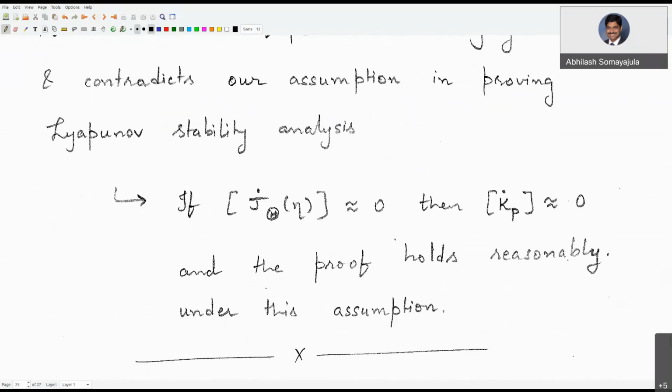But again, it has to be taken with a pinch of salt because, as we saw, the moment we introduce any integral action, we lose our global stability properties pretty quickly, and we are limited to local stability properties. But as long as the region of convergence is fairly large, we may not be so worried, unless the region of convergence is very small and the local stability might not be good enough.